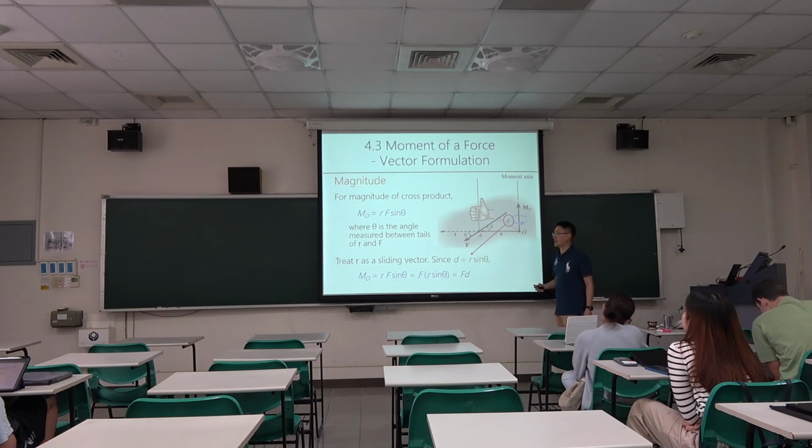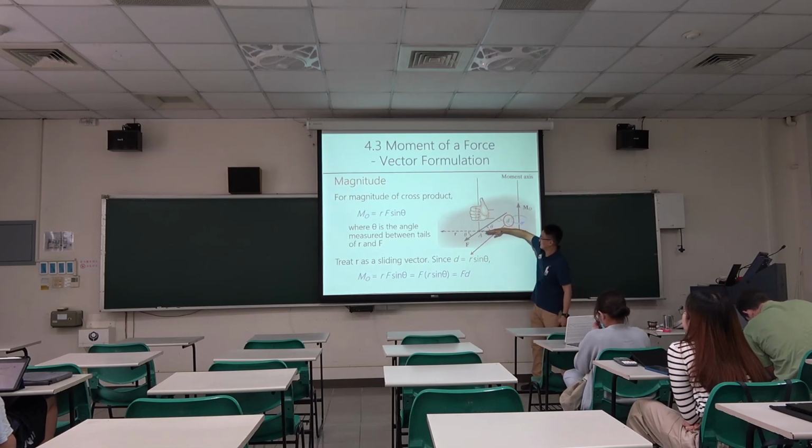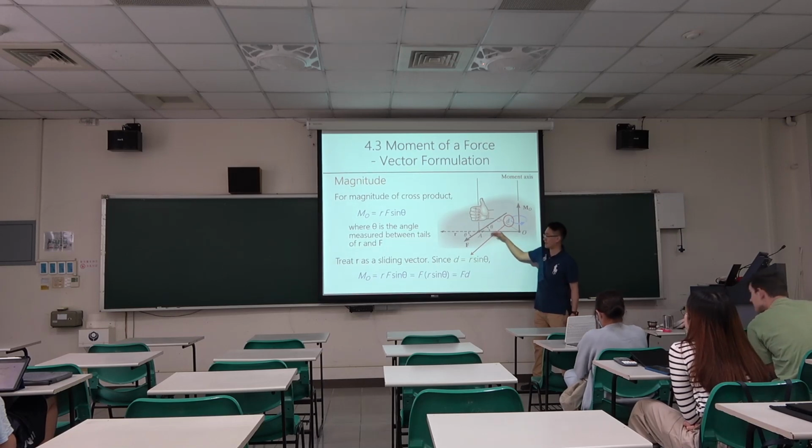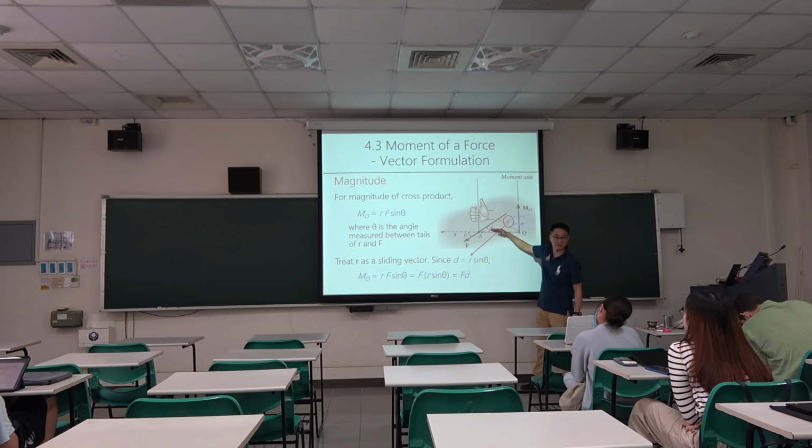Okay, what's the advantage? This one is the force vector. It doesn't matter what the position vector is, as long as this vector passes through this direction. That means it can be this point, this point, or this point.